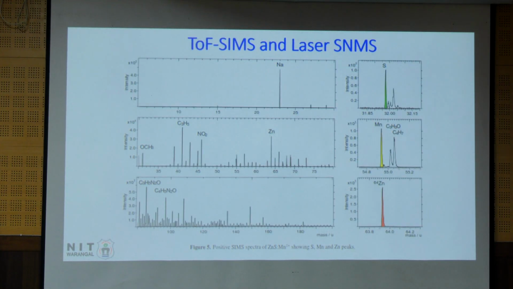There is another system called TOF SIMS, time of flight secondary ion mass spectroscopy. And this is another interesting case, along with laser SNMS, secondary neutral mass spectroscopy. These are somewhat sophisticated techniques where you are able to estimate or quantify the elements that are present.